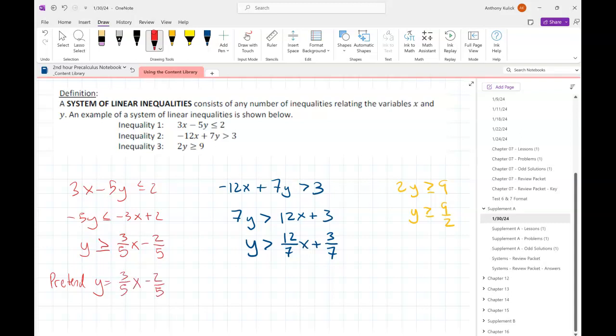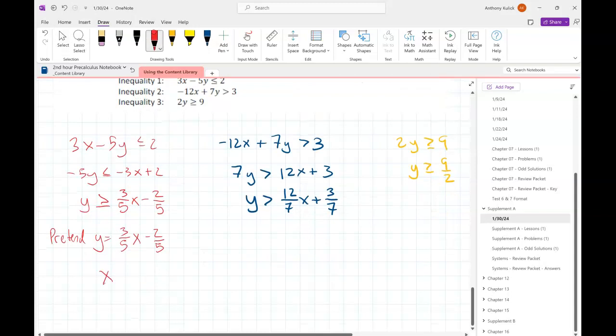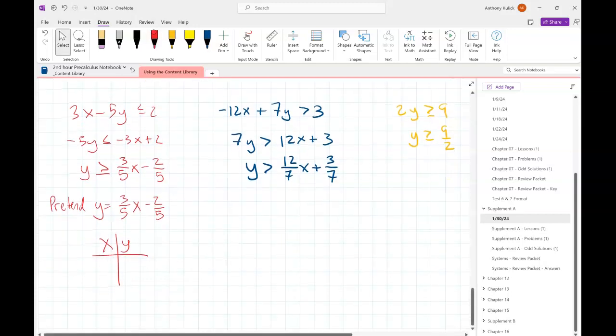Instead of an inequality. And I'm going to find 2 points that lie on that line. So let's see. Oh, these are all stinky options here.